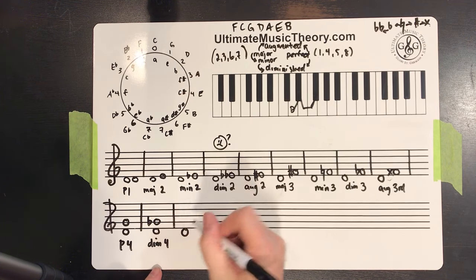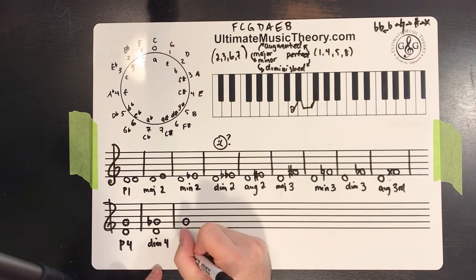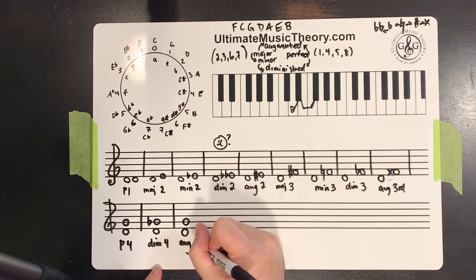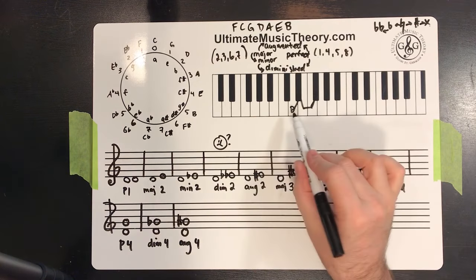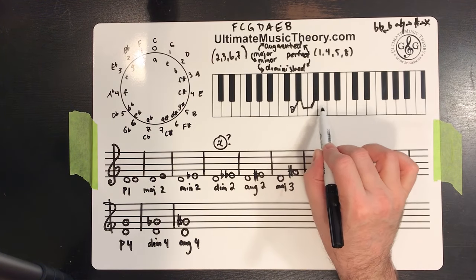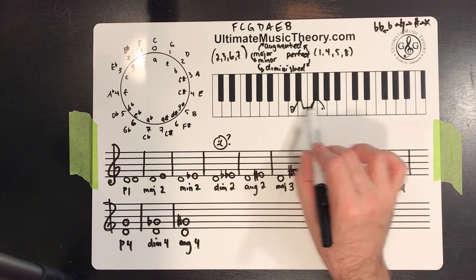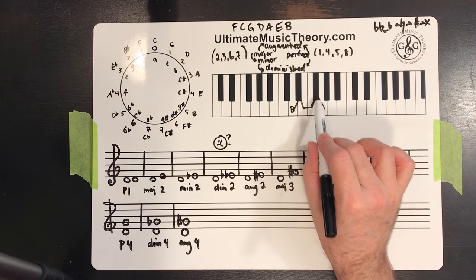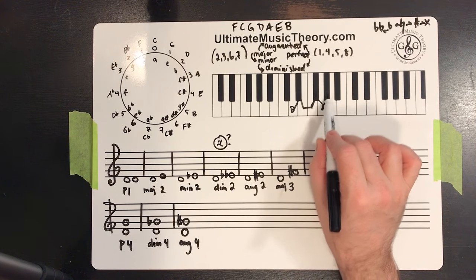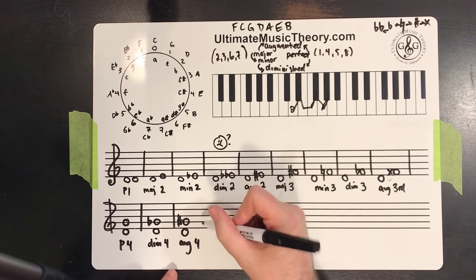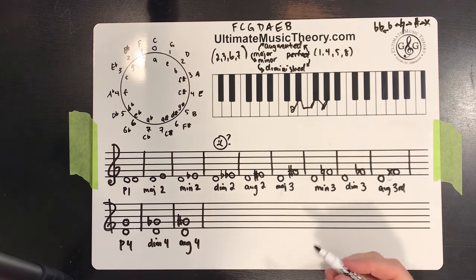And to make augmented, we go 1 step higher, which is going to be a sharp. So D to G, this is a perfect fourth. If we go down 1, that's diminished. If we go up 1, that's augmented.